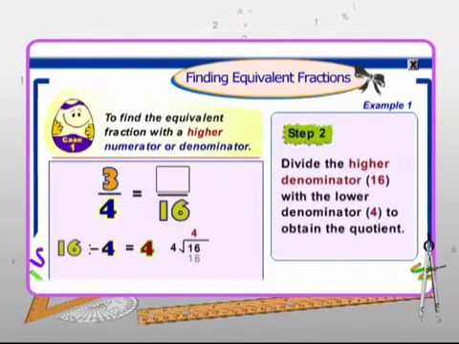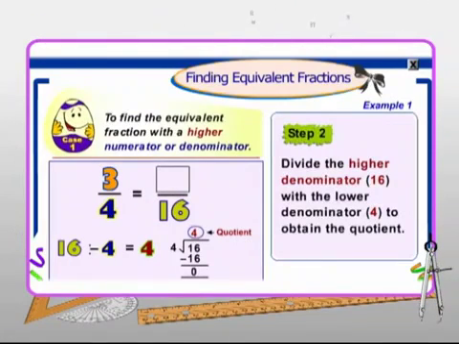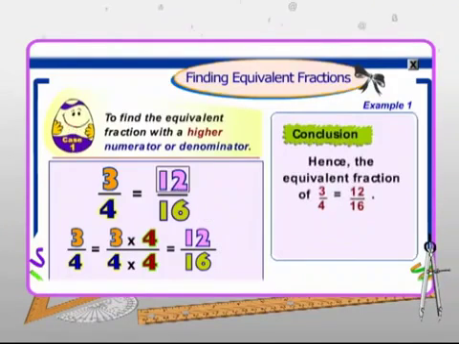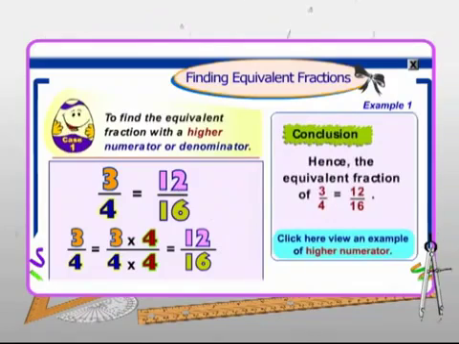In step 2, divide the higher denominator, that is 16, with the lower denominator, that is 4, to obtain the quotient. Here, 4 is the quotient. In step 3, multiply the numerator and the denominator of the given fractional number 3 upon 4 by the quotient obtained in step 2, that is 4. Hence, the equivalent fraction of 3 by 4 is 12 by 16.